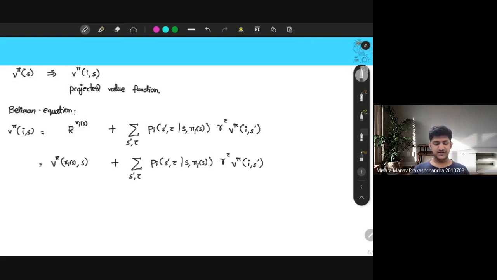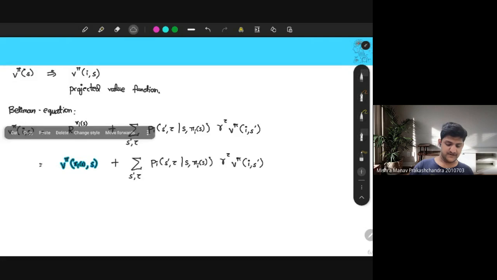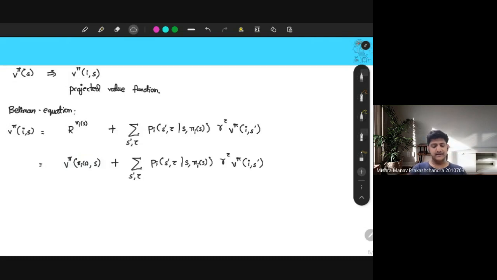Okay, so this is what this reward function can be denoted as, right? Okay, so this is the Bellman equation for the state value function.